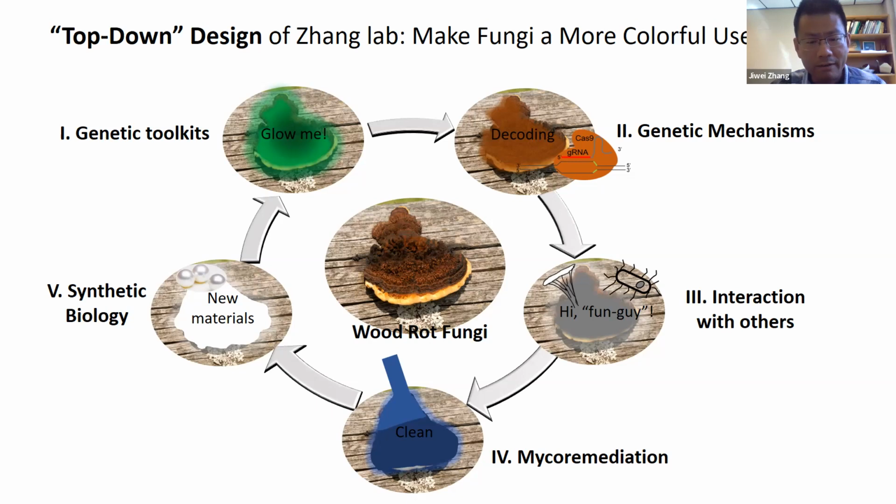So this gives us a great opportunity to use wood decay fungi as a platform to convert cheap and easy to obtain carbon source, which is plant biomass, to other value-added bioproducts, for example secondary metabolites or any other valuable product. So this is the last piece I'm really interested in for my lab in the near future: developing wood decay fungi as a platform for synthetic biology.